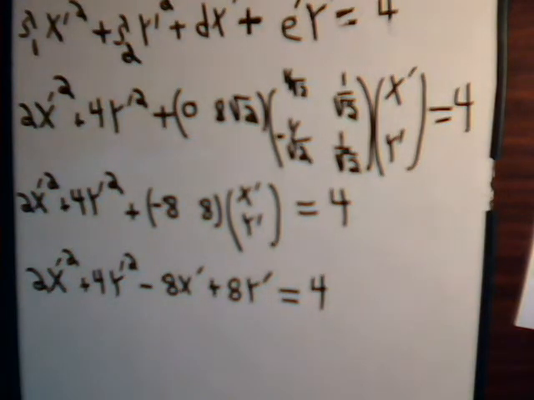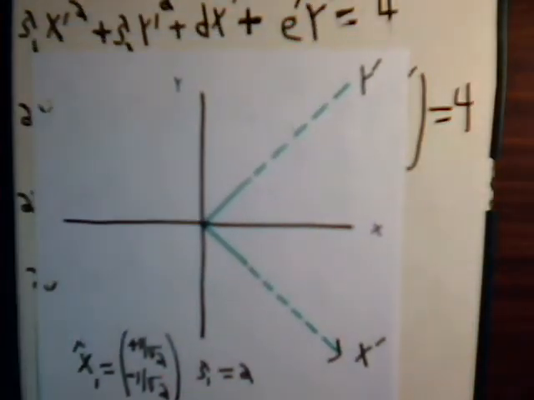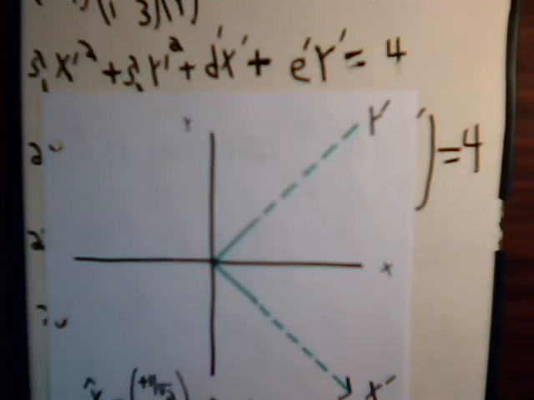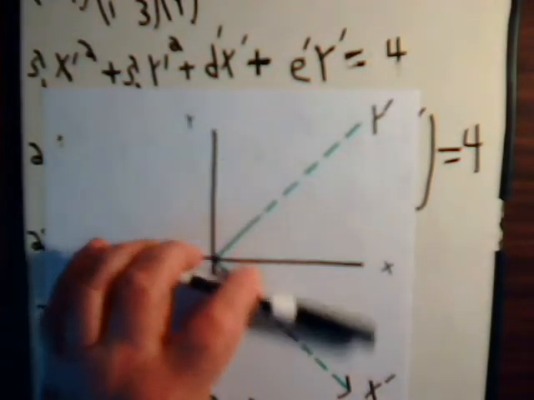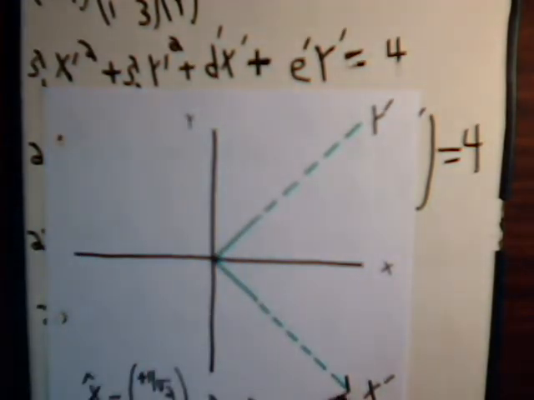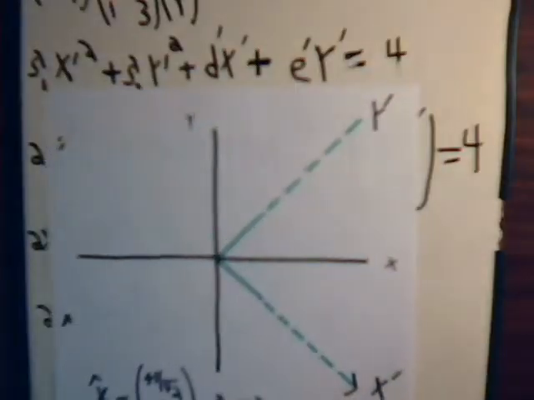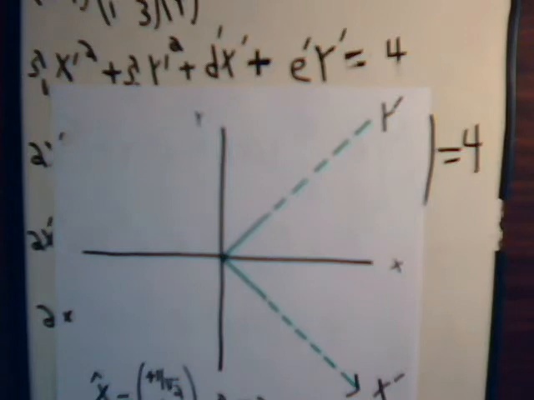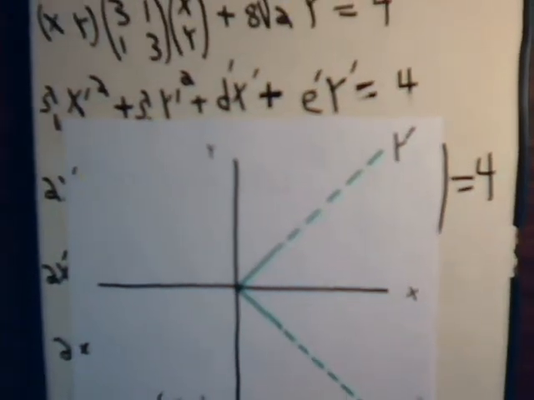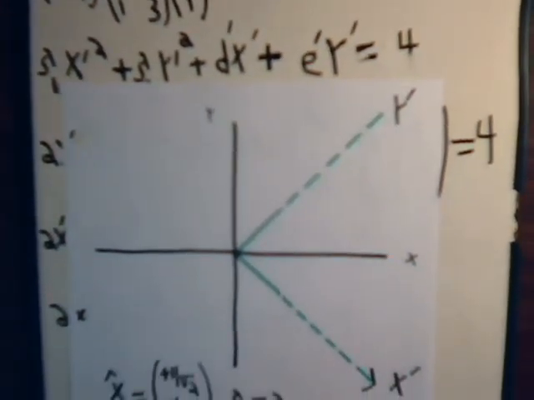Notice there is no xy term. So far, we know that our xy axis has been rotated, but then on the x prime, y prime axis, we just really drew half of what our x prime axis are.